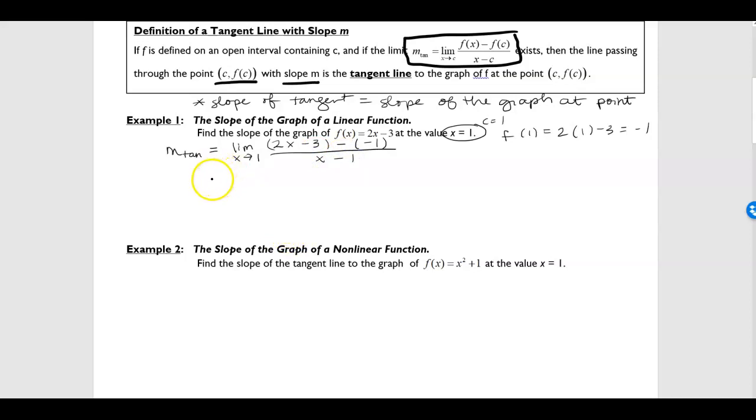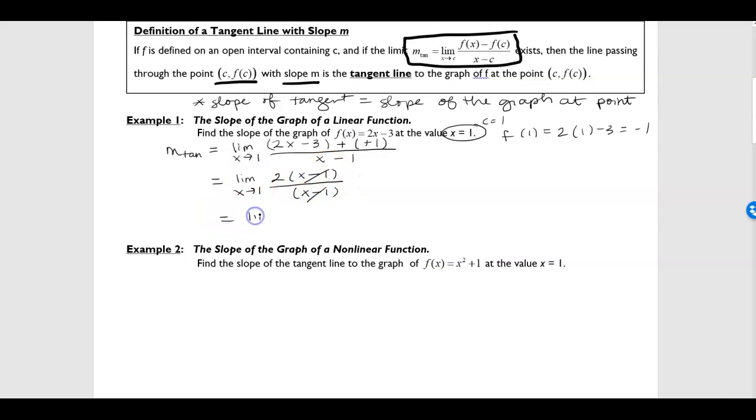Let's go ahead and simplify that before we try to find the limit. I just put the parentheses in the first step to separate my f of x and my f of c. So f of x minus f of c up here, this is going to become a plus 1, so I have 2x minus 2. That simplifies to 2 times x minus 1 over x minus 1. So I can cancel that out.